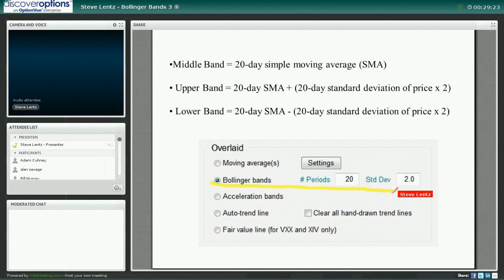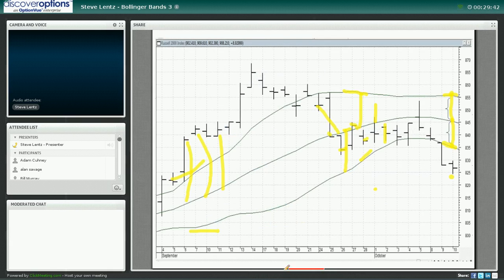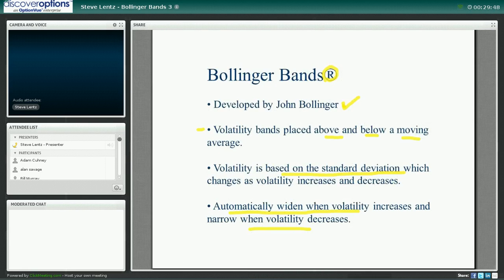Now in OptionVue, and every program has a place where you can come and change it. You could change the look-back periods, and you could change the number of deviations, or how many standard deviations you want those bands to be set at. Now I just showed you a 1 standard deviation band. These are all set 1 standard deviation away from the 20-day moving average.